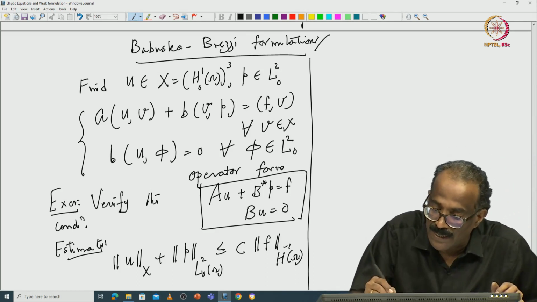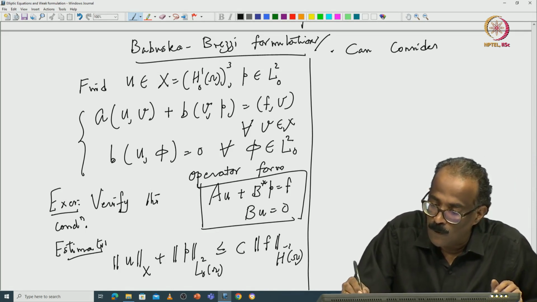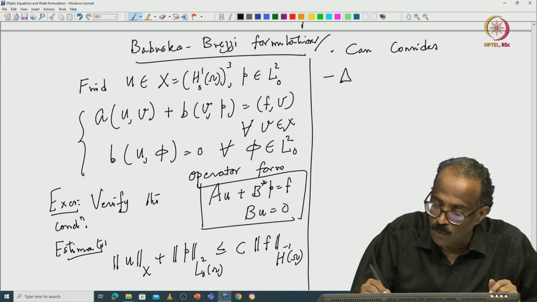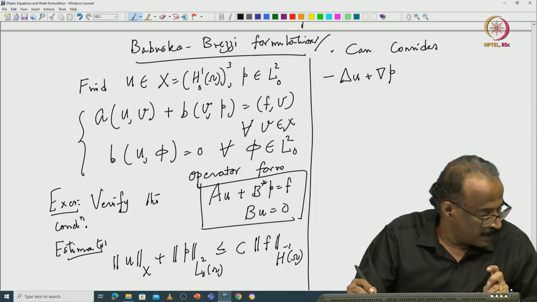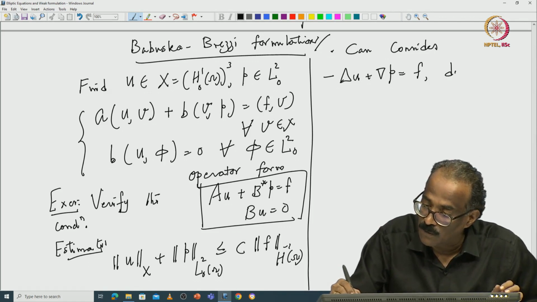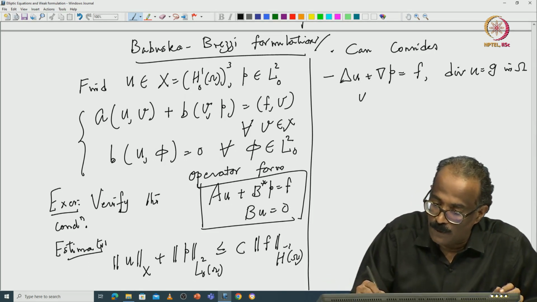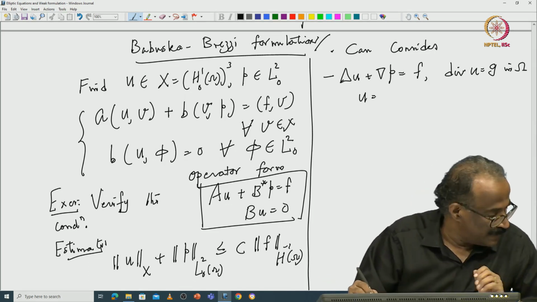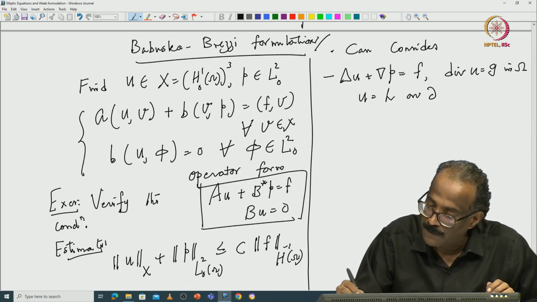You can consider minus Laplacian of u plus grad p equal to f in omega, and divergence of u equal to g in omega, and u equal to h on the boundary of omega.